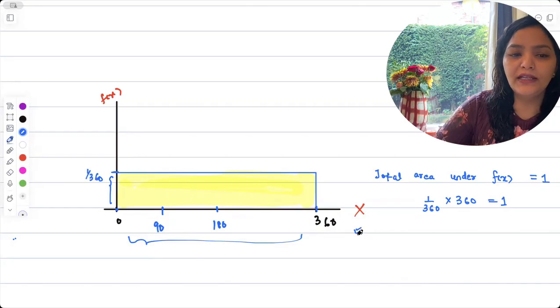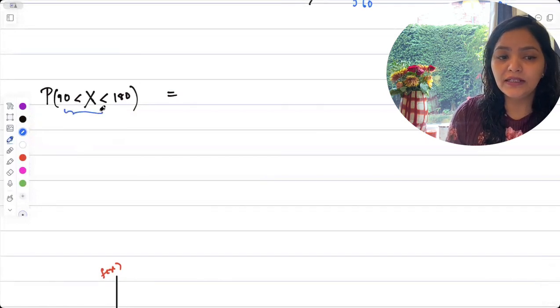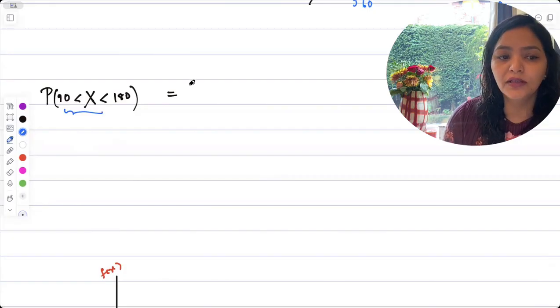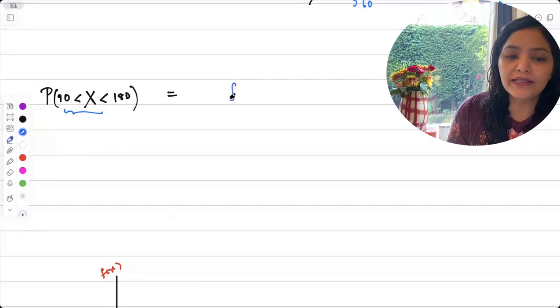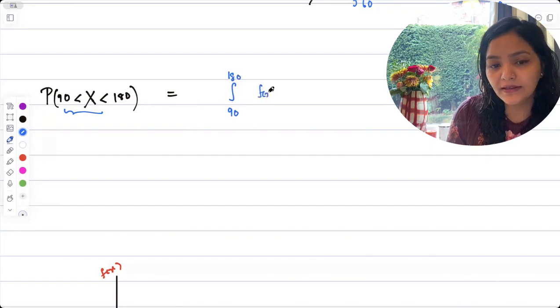Now, suppose in here I ask you a question. What is the probability that x is between 90 to 180? As I mentioned, the probability is nothing but its area from a to b. So from 90 to 180, the integral of f(x) dx. We know what f(x) is.